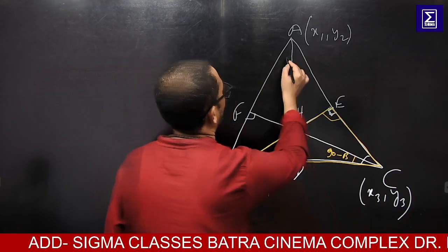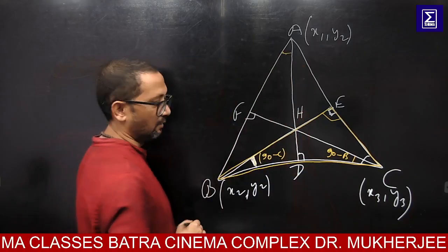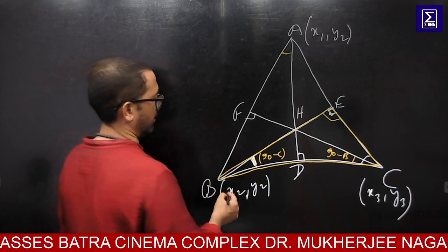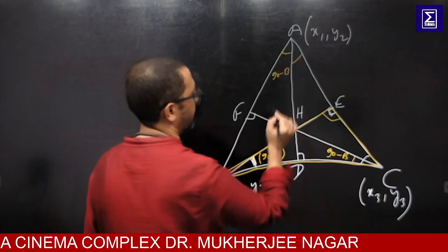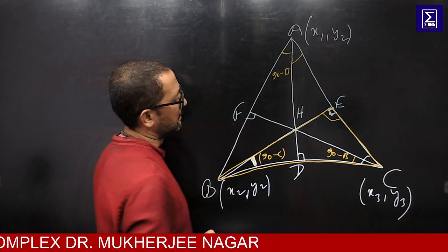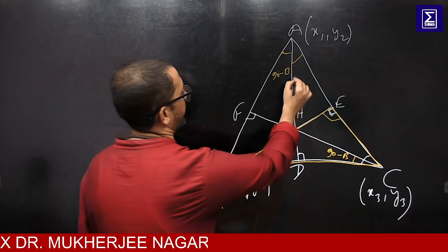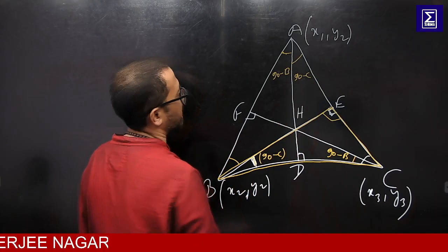Now, what about this angle? 90 minus B. Very good. What about this angle? 90 minus C. Very good. What about this angle?